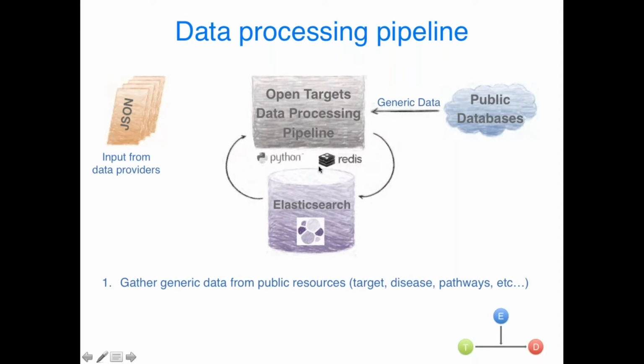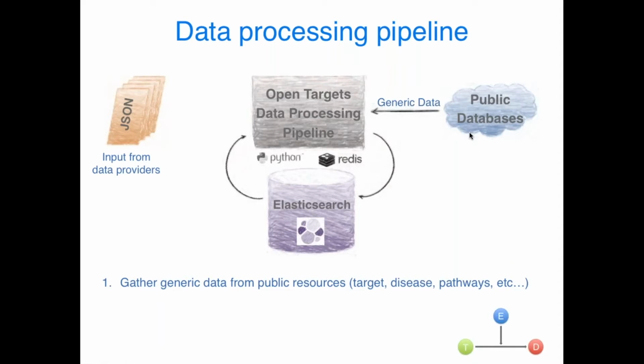And they also give us what we call the JSON files. So those are a summary. It's a document that summarizes the data that Open Targets needs in order to make the association between target and disease. So we are not replicating every single piece of data that those databases contain.